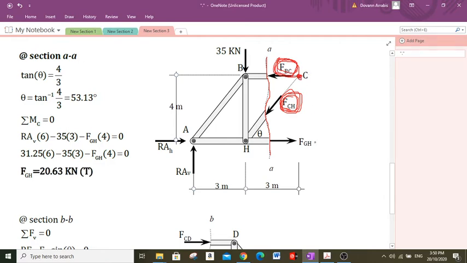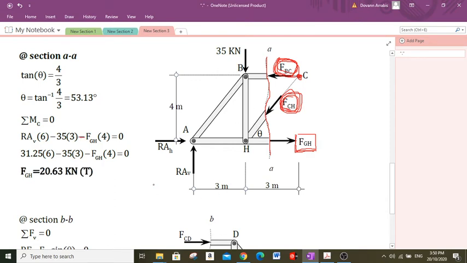So about point C, we have FGH. This is a counterclockwise moment, and as we can see in our equation, the moment produced by force FGH is negative.